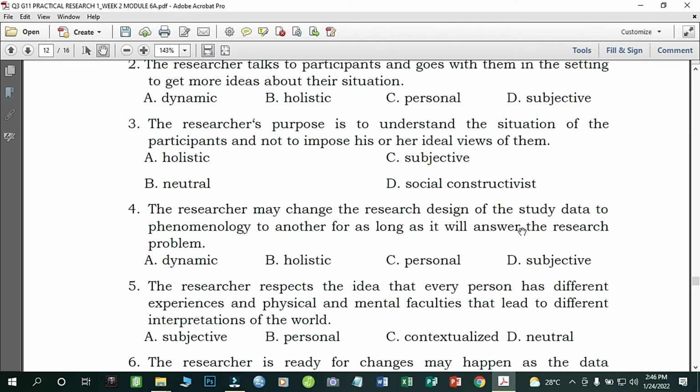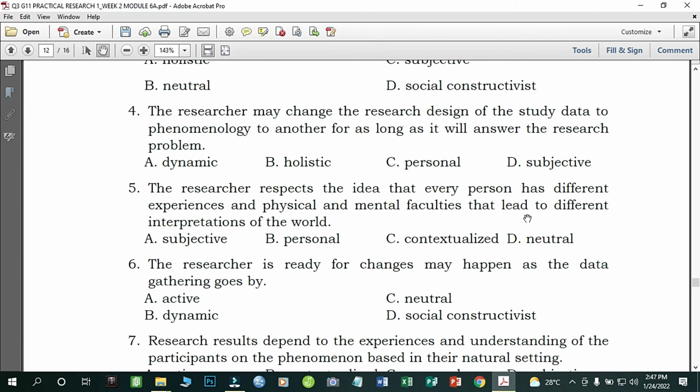Okay, number 3, the researcher's purpose is to understand the situation of the participants and not to impose his or her ideal views of them. A, holistic; B, neutral; C, subjective; D, social constructivist. Okay, the correct answer is letter B, neutral.